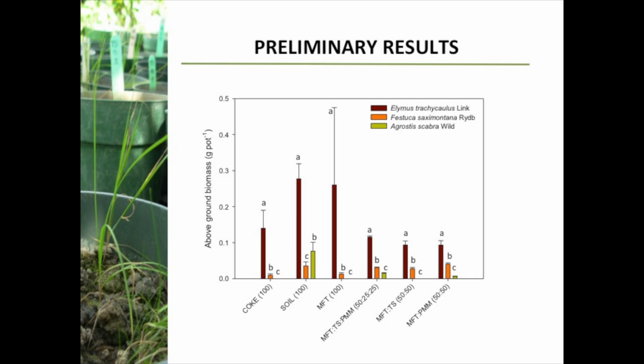To see what happened in terms of the plant species, we saw that Elymus trachycaulus was the most tolerant species, and also Festuca saximontana. So in all the treatments, Elymus has the best performance, but Agrostis scabra didn't grow on coke or in 100% MFT, neither in MFT tailings and 50-50. So Agrostis scabra was the most affected plant for those materials, the coke and the MFT.